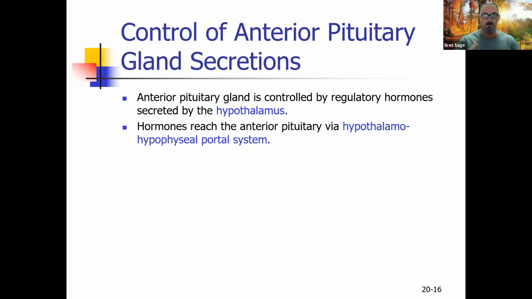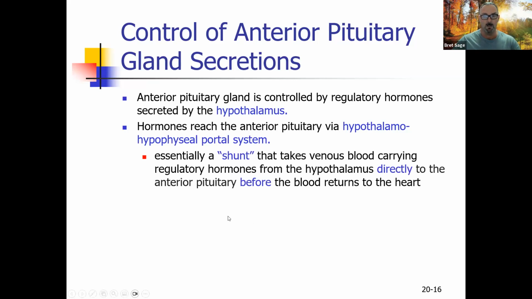It's basically a set of blood vessels. Instead of going from the heart to a tissue or back to the heart, it's going from one capillary bed to the other. And in this case, it's going from the capillary bed in the hypothalamus to a capillary bed in the anterior pituitary. So very tiny amounts of hormone only have to travel a short distance and can go right into the anterior pituitary, telling it, hey, you need to release another hormone.